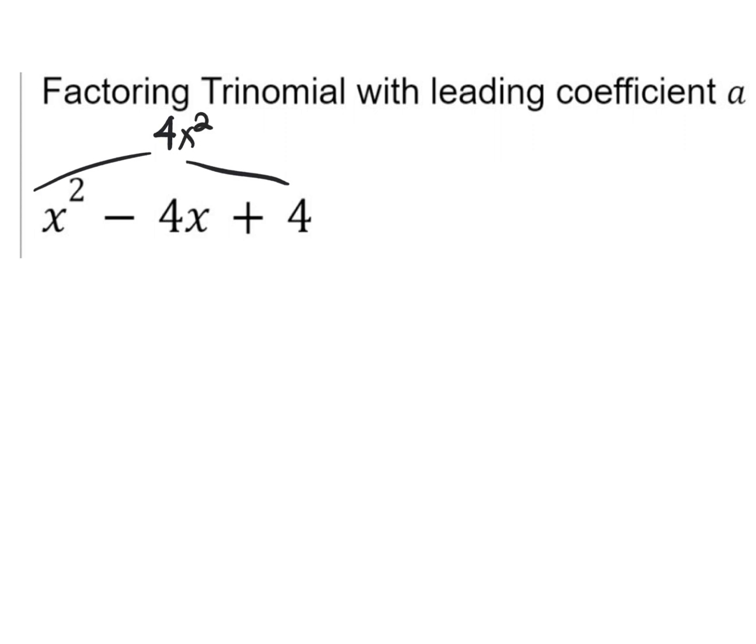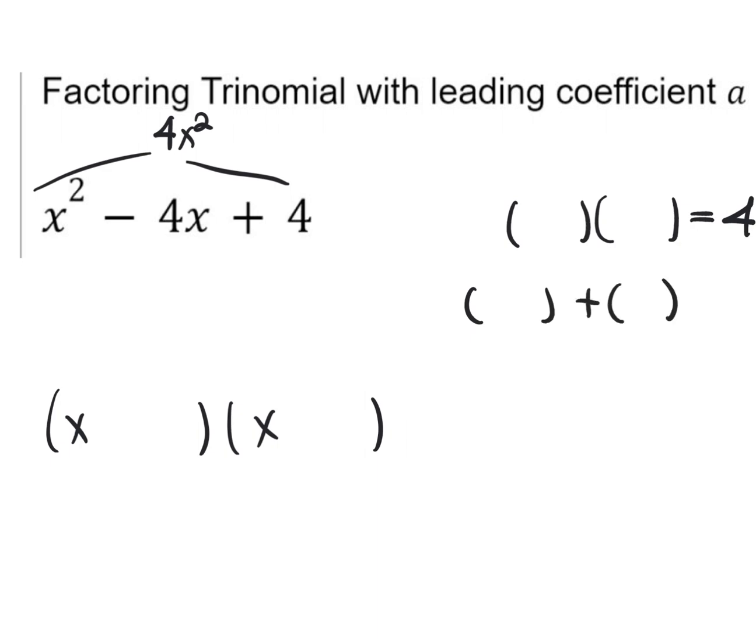But because of the way that these problems always work out, you can draw 2 parentheses, they each have x in them, and you want 2 numbers that multiply to positive 4, and then they add to negative 4.